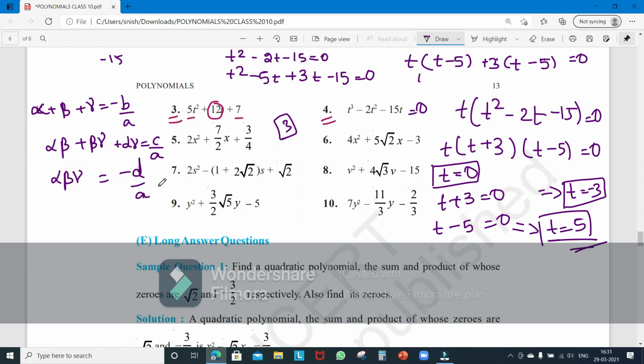Okay, 2 minutes on the clock and solve it. Done? I think it's very simple, right? Not even 2 minutes is necessary.